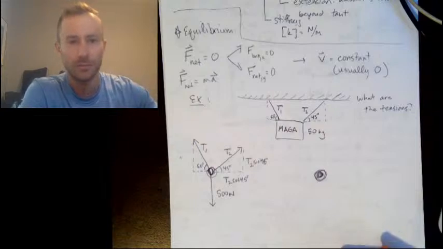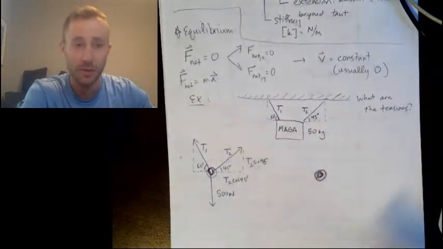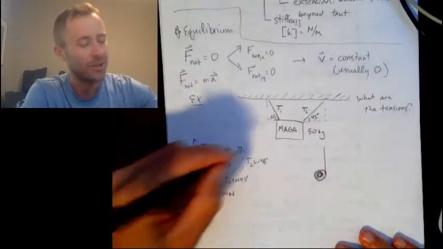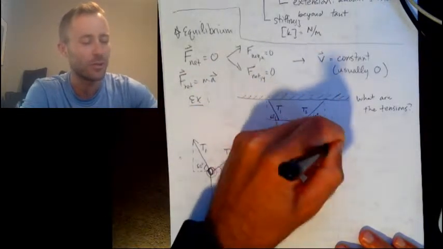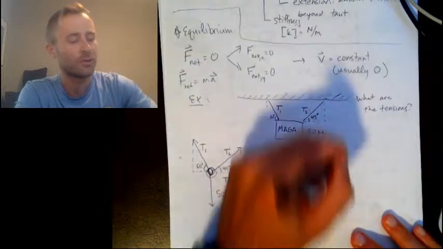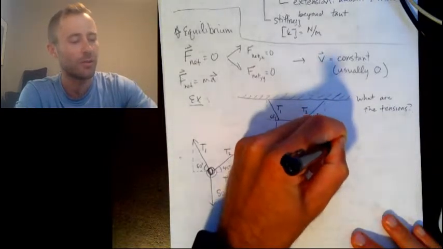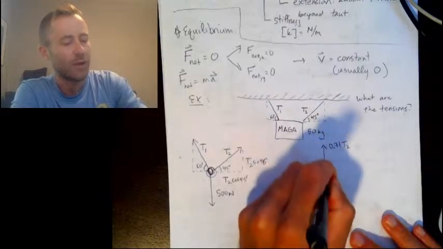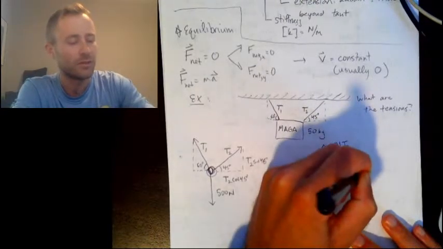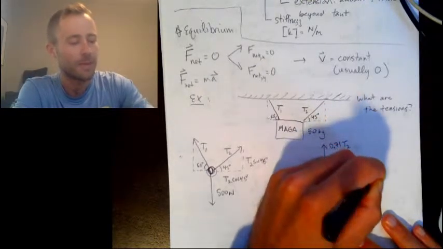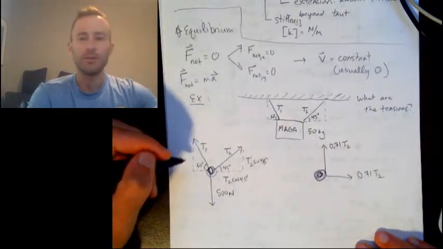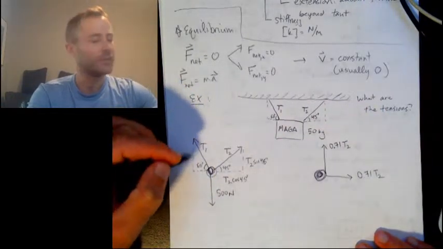Now, sine and cosine of 45 degrees are equal, and they're both equal to 0.71. So this angled T2 force is equivalent to an upward force that is 0.71 T2 and a rightward force that is 0.71 T2.